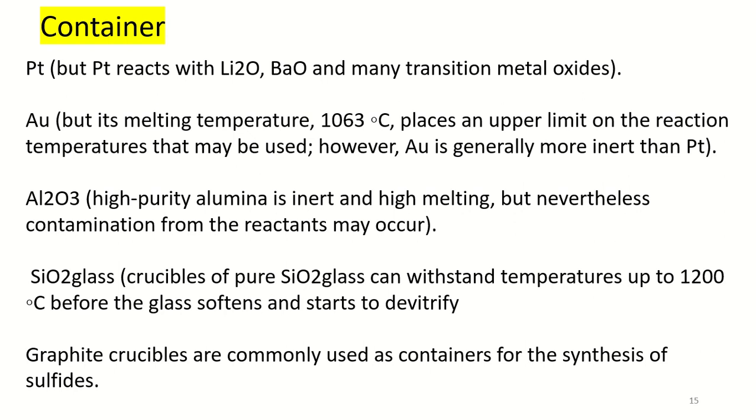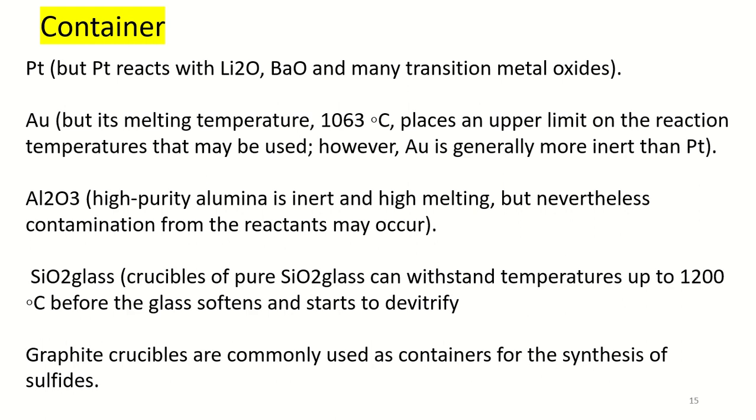It may sometimes react with some of the reactants, which causes severe contamination, although it is quite inert and has a high melting point. So we do not have an upper limit like in gold, which was about 1063 degrees Celsius.